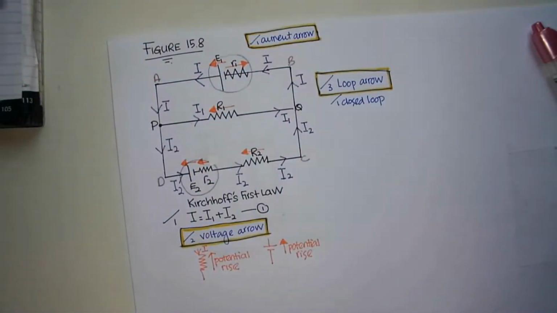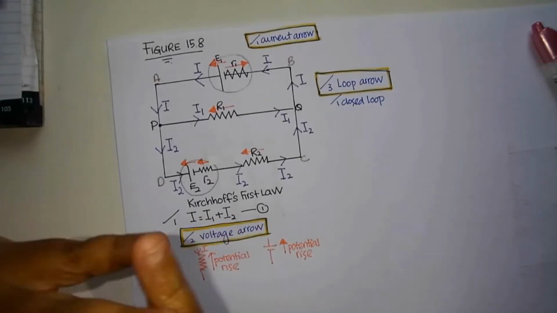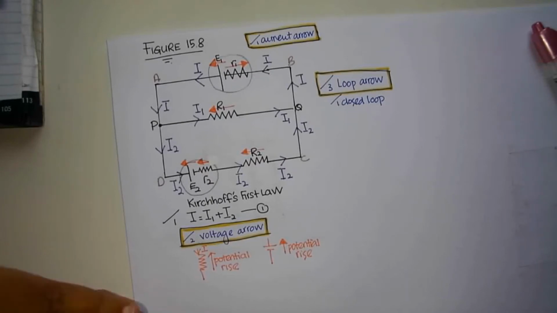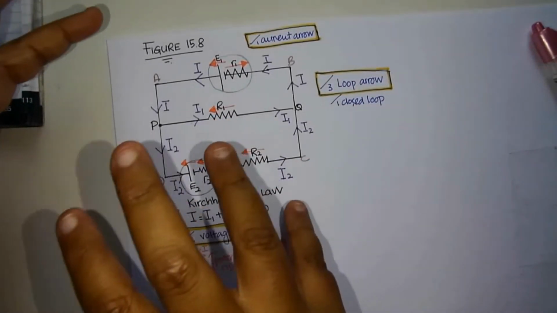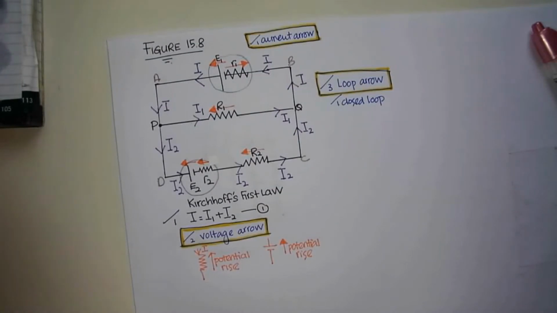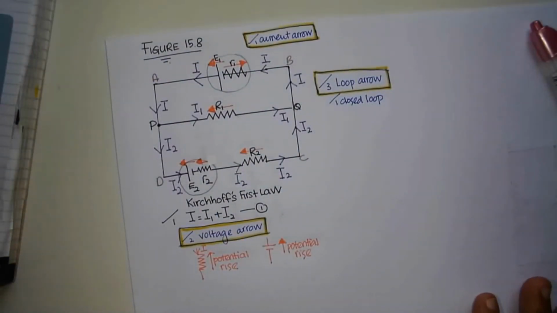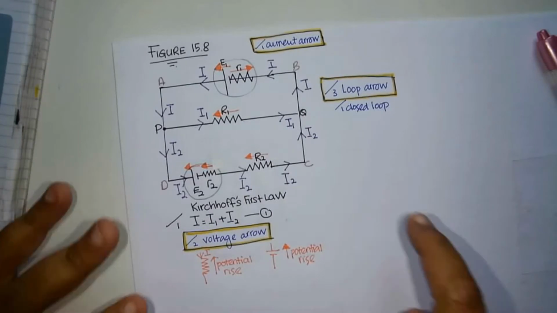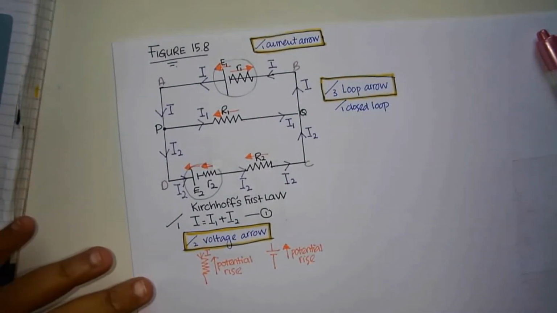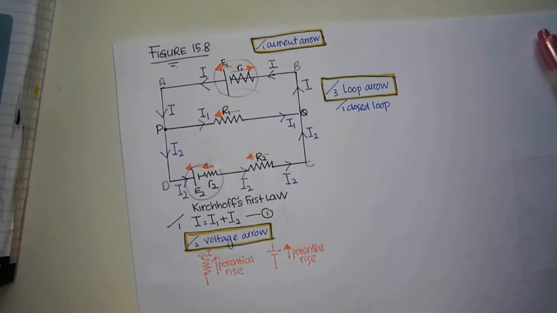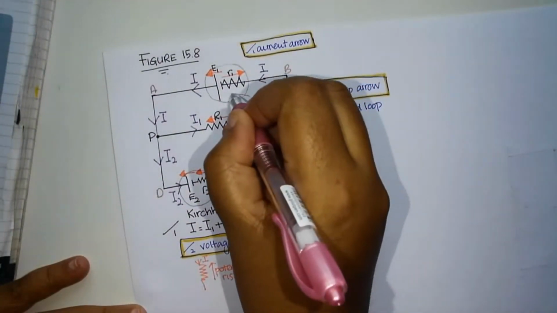You can choose whichever loop you want, but the one that you choose should have fewer variables and be easy for the mathematical solution. In this question the book has already given the loop, so I'm going to follow the book. The book has given the loop anti-clockwise, which is this side, correct? So I'm going to draw the loop on this side.